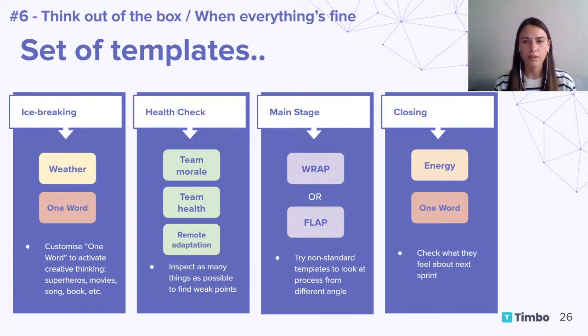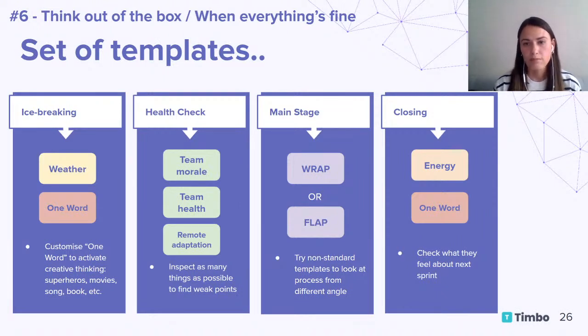They are non-standard, so if you choose anything that's not standard here, it will already make your team look at the process from a different angle. So these two are just examples of what you could try.